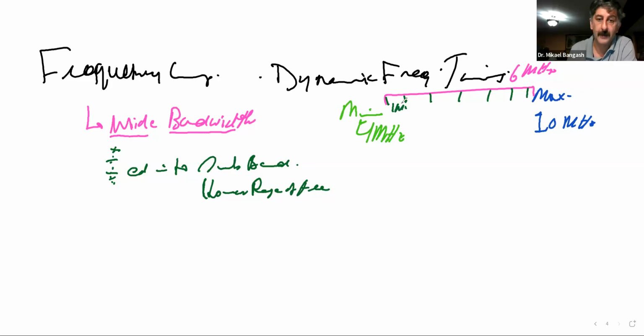So from 4 to 5 megahertz was one subband, from 5 to 6 was another subband, from 6 to 7 was another subband, from 7 to 8 is another subband, from 8 to 9 is another subband, and from 9 to 10 is another subband.